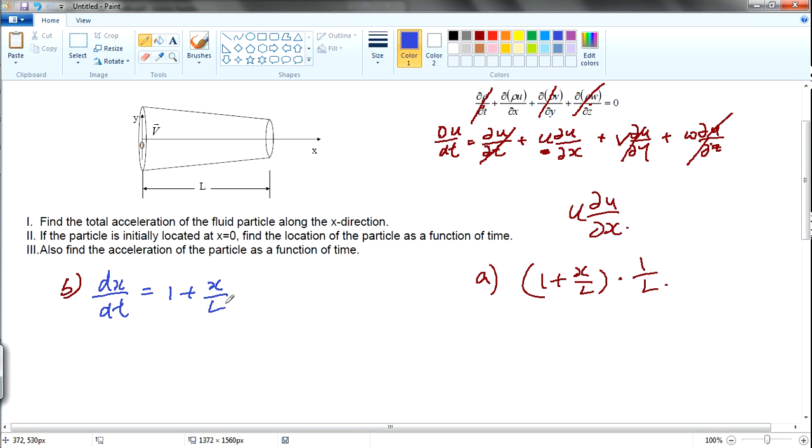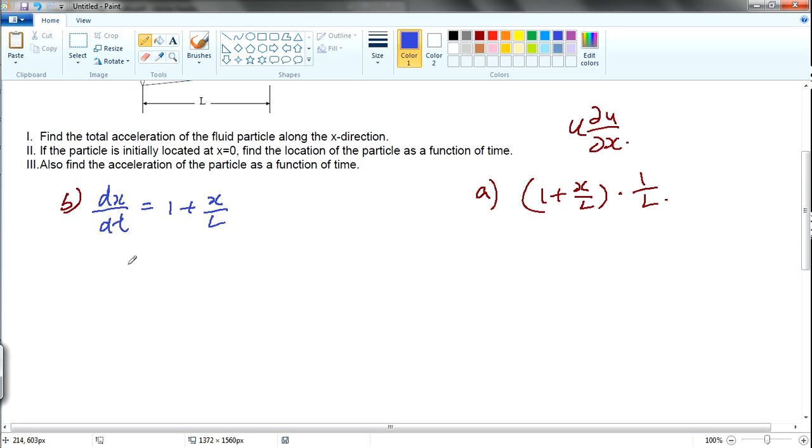You need to understand what the question is actually asking. It's just saying find an equation for the position of the particle as a function of time. So in terms of time, when x is equal to 0, you need an equation to describe x first, and then you substitute in certain values.